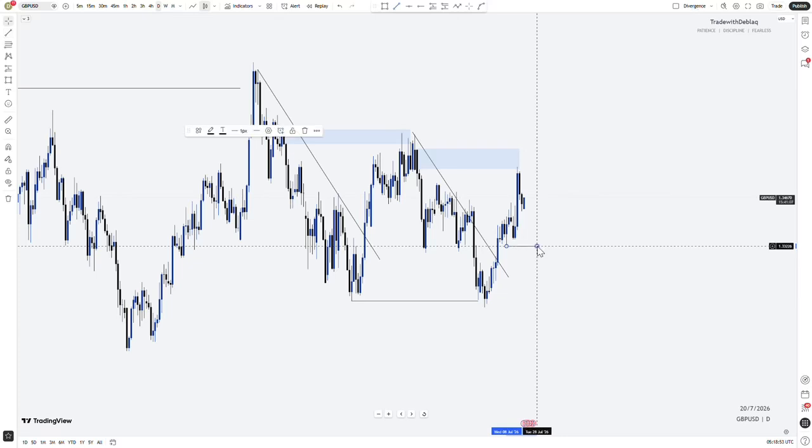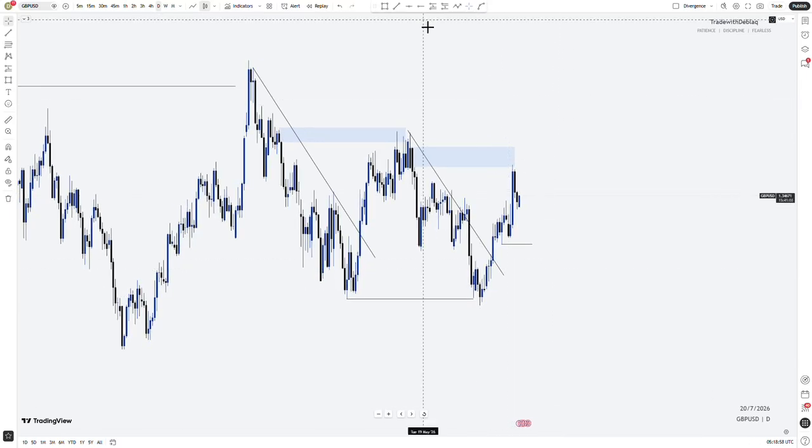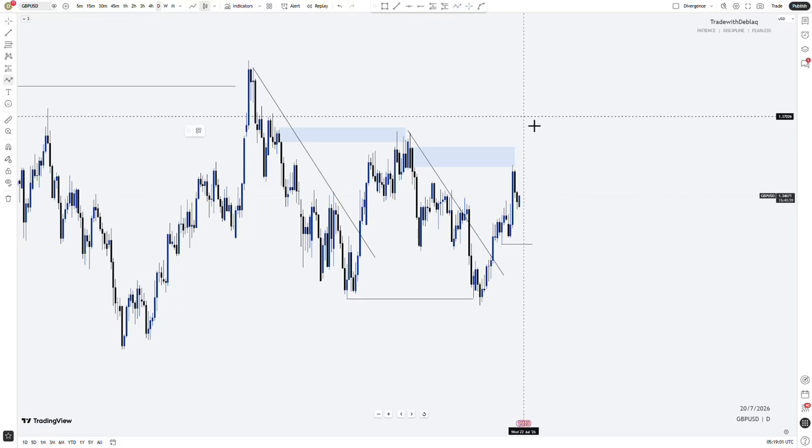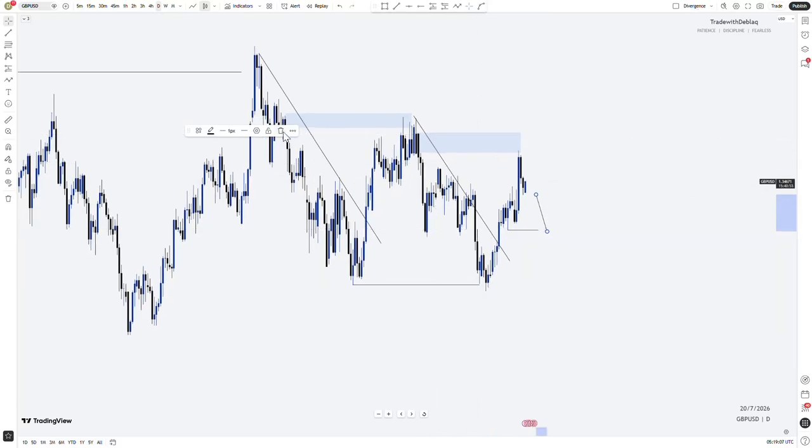So maybe when price gets to this zone around there, you can start looking for buys.